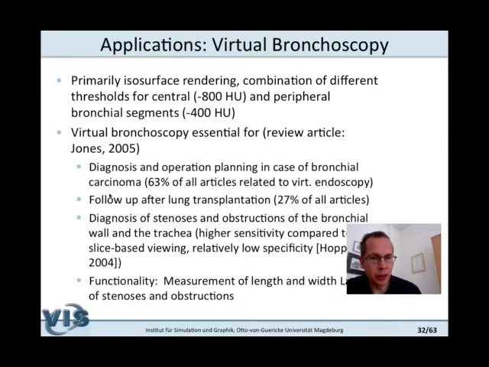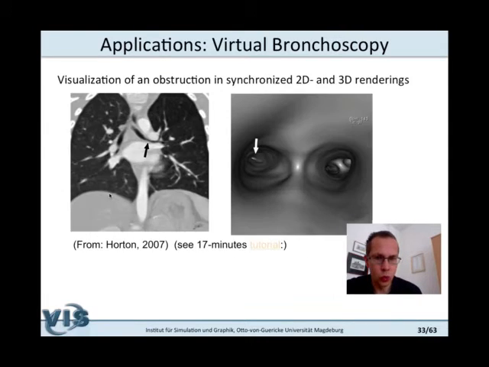So the measurement of the length and width of obstructions and stenosis, that is a major requirement for the functionality that you want to combine with endoscopic views. So measurements indeed could be considered as one of the core functions a virtual endoscopy system should provide. So here we see such an obstruction. You recognize it also because it's emphasized here with an arrow, and the corresponding situation in an endoscopic view you see here.